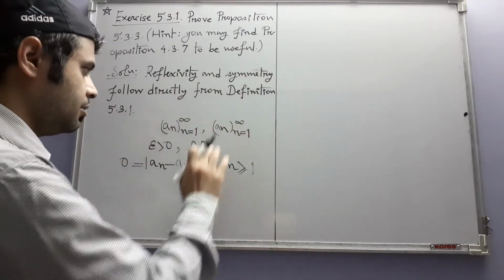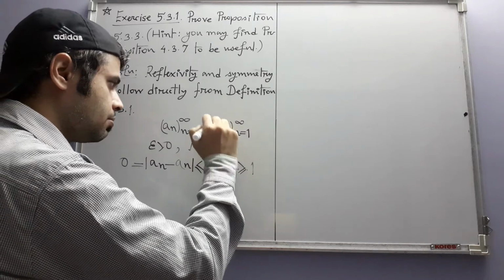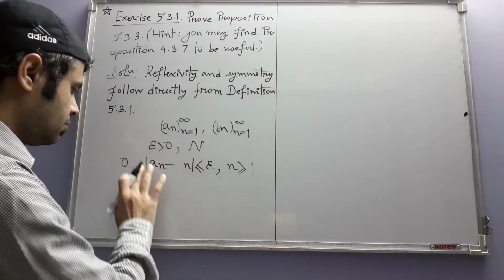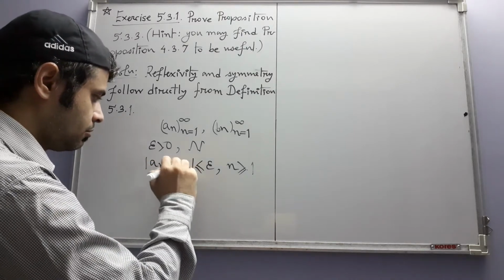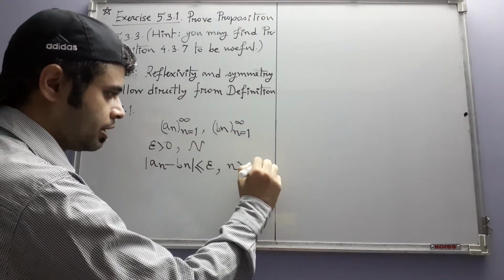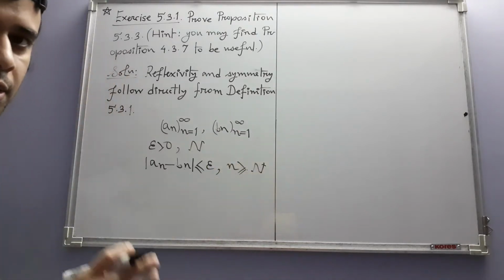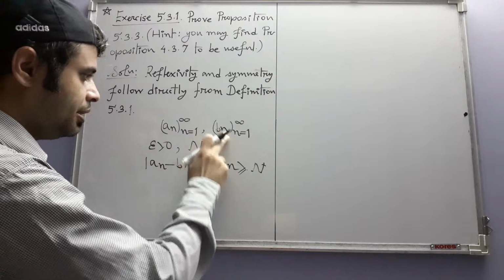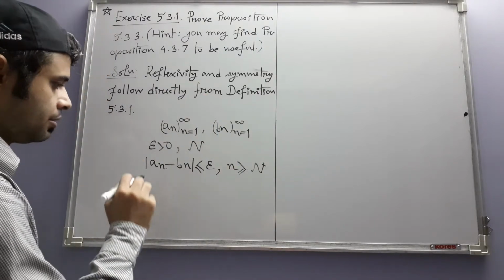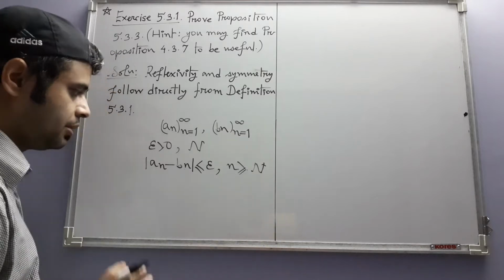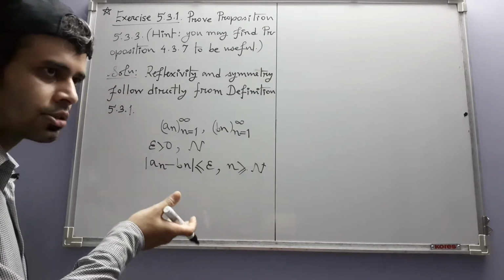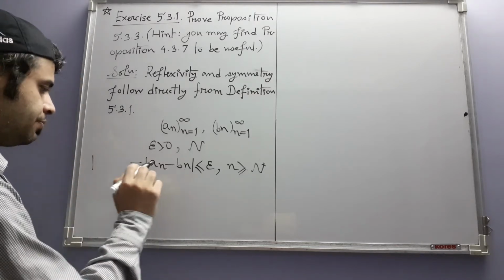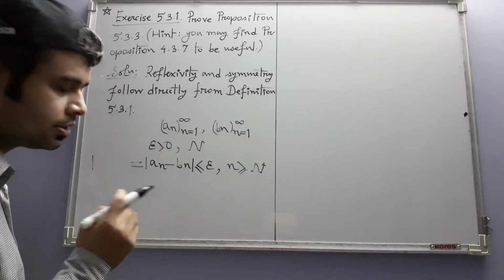Now what about symmetry? Say we are given that a_n is equivalent to b_n. Here, however, you cannot necessarily choose capital N to be 1, that is not the point. But if you want to claim that b_n is also equivalent to a_n, then a similar condition should be true with a_n and b_n interchanged. That is easy to see, because inside the absolute value you can change the sign.